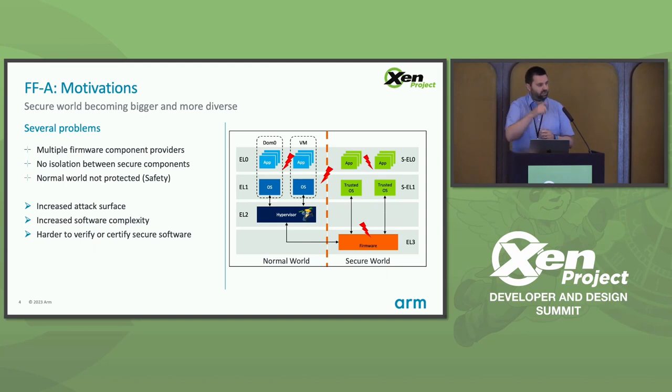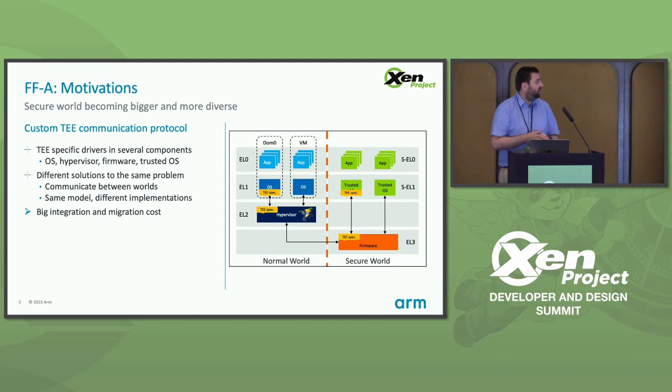So there is a communication channel in which one VM could use the secure world to actually impact another VM, breaking the isolation provided by the hypervisor. All those issues are increasing the software complexity and the attack surface a lot, which means that the software in the secure world is more complex and harder to audit for security, but also for safety in the future.